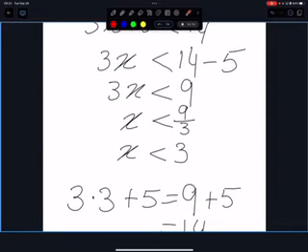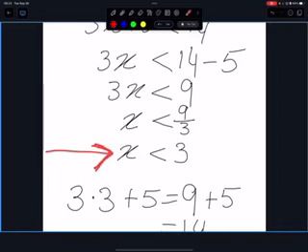No, this is the answer. x is less than 3. Sorry? What does the answer state?